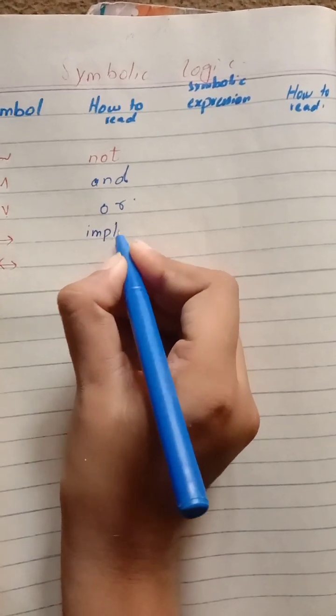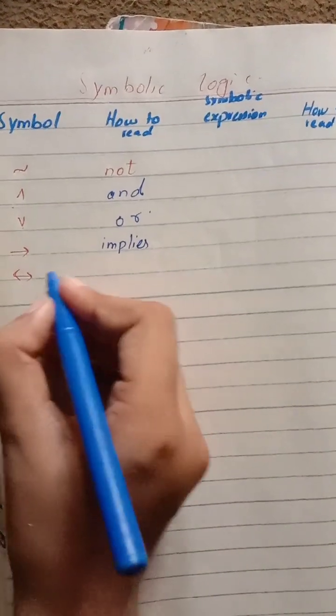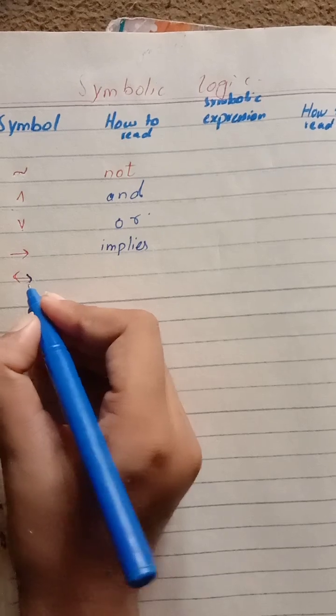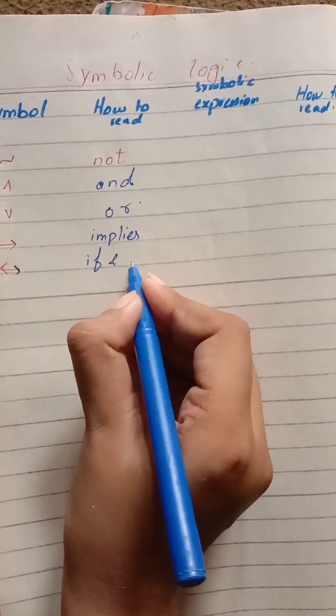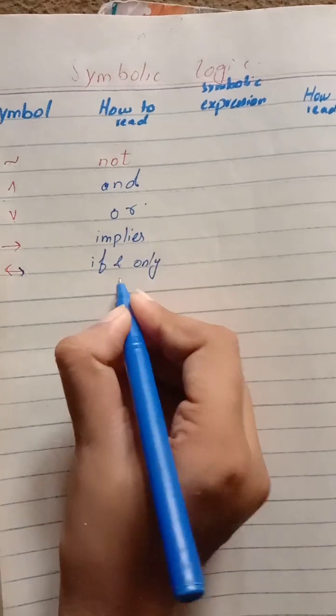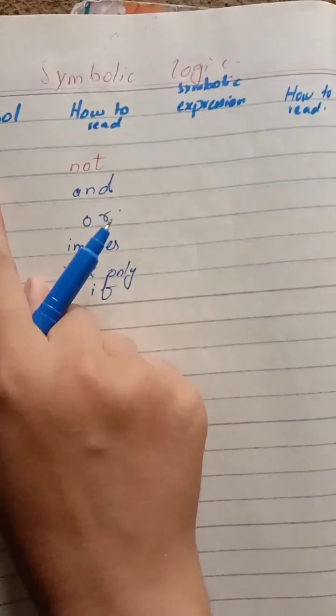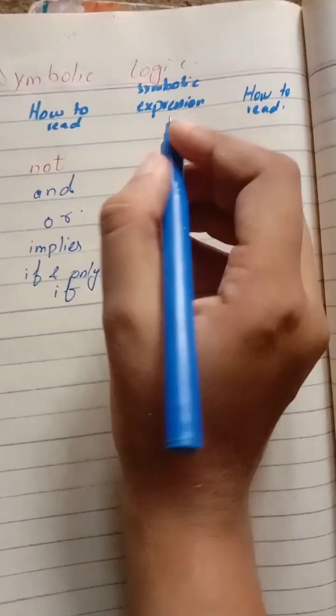An arrowhead on both sides is for if and only if.